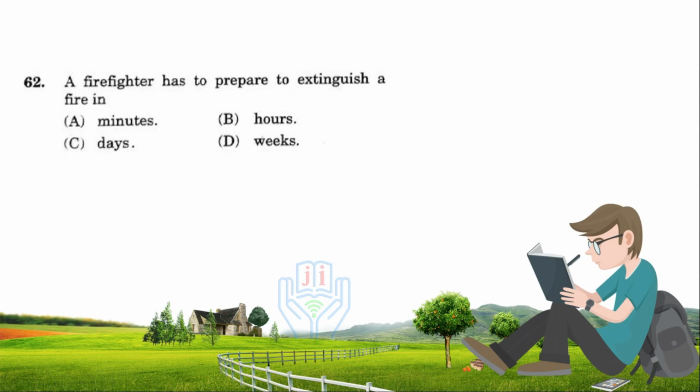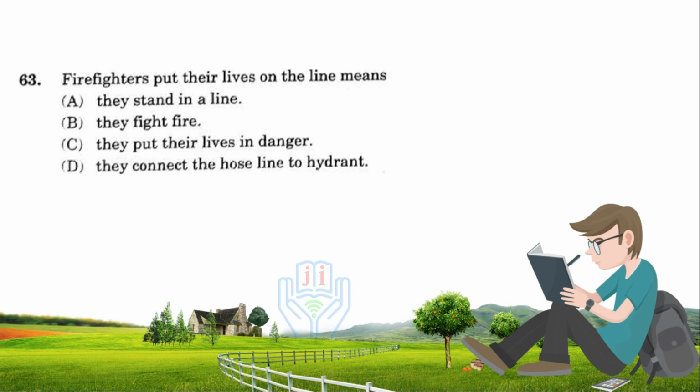Next question. A firefighter has to prepare to extinguish a fire in minutes, hours, days or weeks. Answer: minutes. Firefighters put their lives on the line means they stand in a line, they fight fire, they put their lives in danger, they connect the hose line to a hydrant.